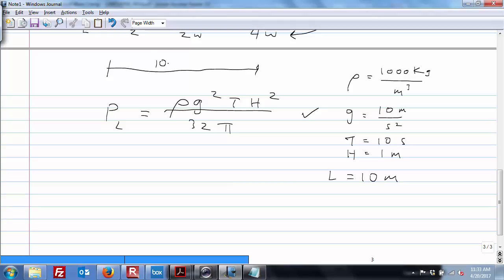Ten meter system. Okay, so the power per unit length, and I will keep the units just so we can get everything straight here.